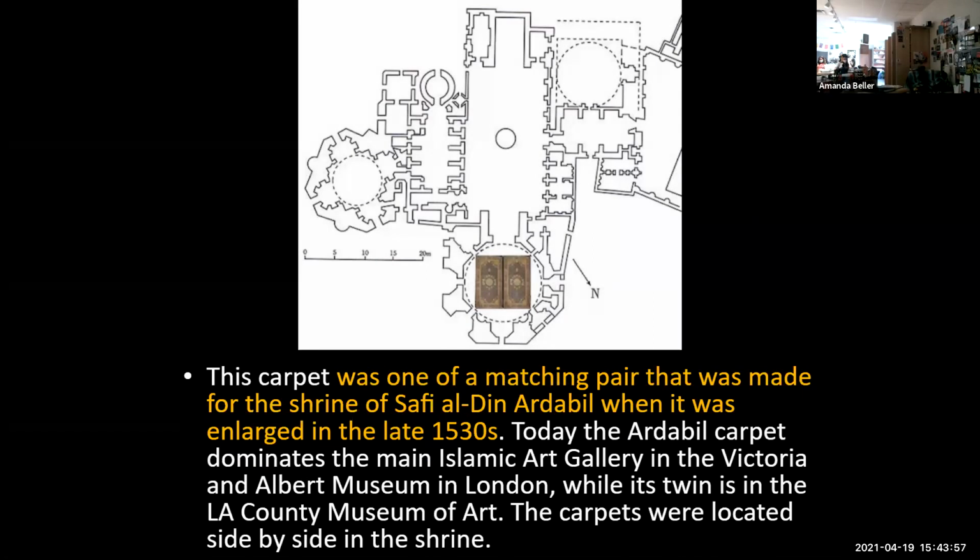Ardabil carpet is one of two, so duality would be a theme. Two identical rugs went in this shrine and they filled that room. Then there was an earthquake and the shrine was destroyed, and then they were uncovered.